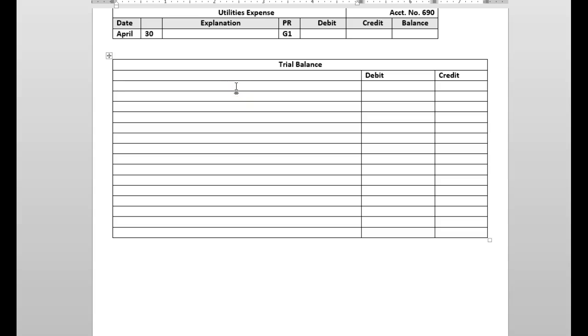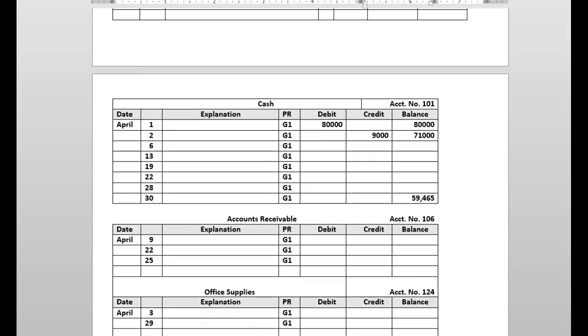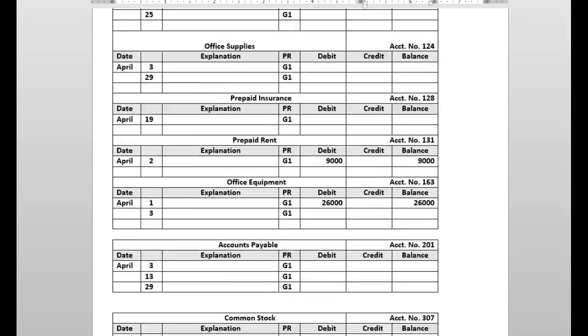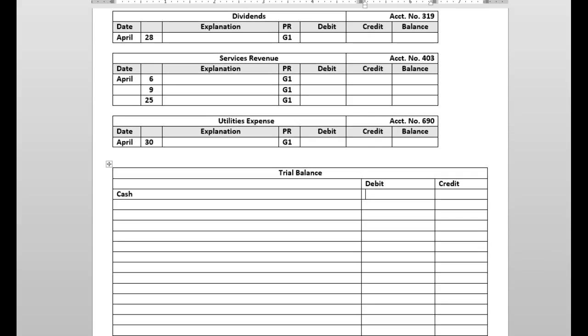So you just start with the very first account, which is cash, and what is its debit balance? Well, I told you what that one is. It's $59,465. And you will copy all the accounts down and put the appropriate balance in.